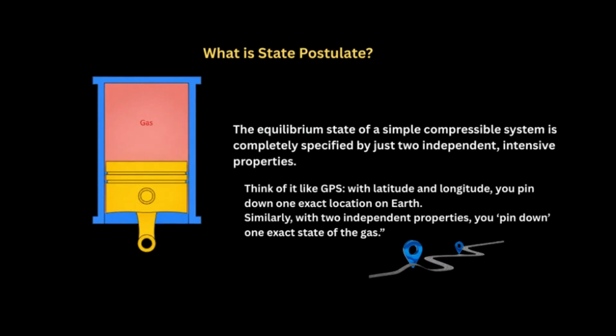If we fix the latitude and longitude, we pin down an exact location on Earth, exactly where you are sitting or standing right now. Similarly, if we choose two independent, intensive properties, we pin down the exact state of the gas.